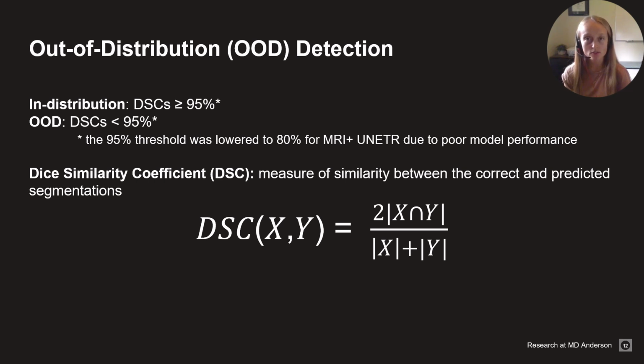Even though this is an arbitrary threshold, we do present results for the median and 80% thresholds in the appendix of our paper if you are interested, but we do find that generally speaking, a 95% dice is a good threshold for whether an image is going to need a large amount of edits before it is used in the clinic. The only exception to this 95% threshold was the MRI Plus UNETR model, as it did not achieve this 95% threshold sufficiently, and so we lowered it to 80%.